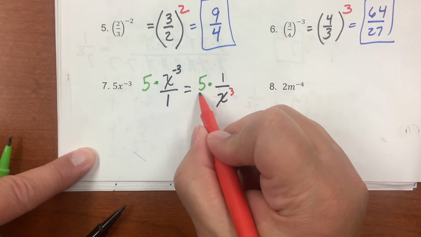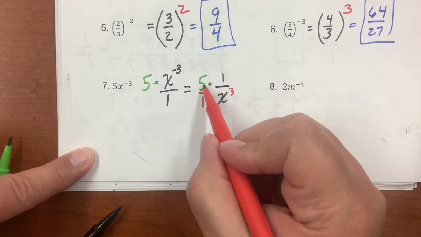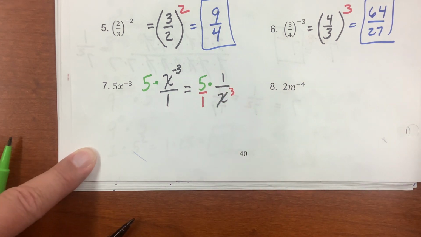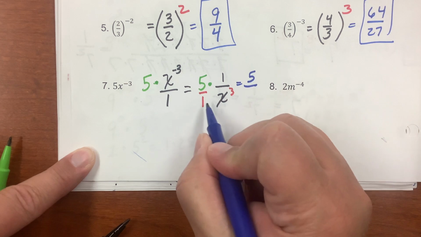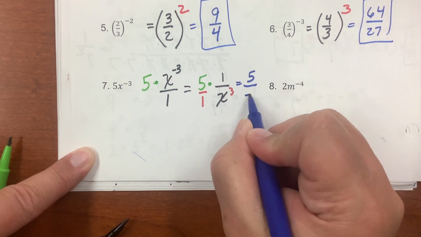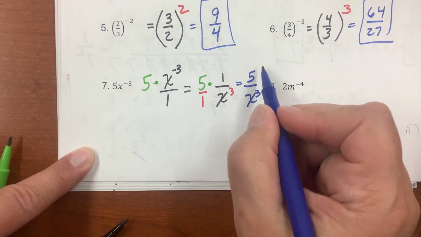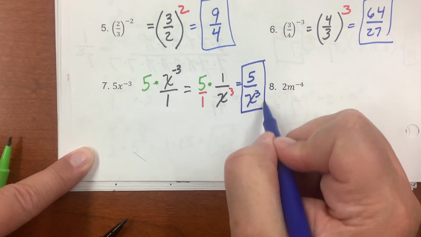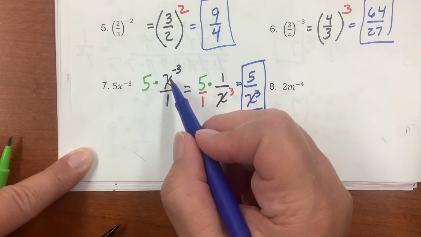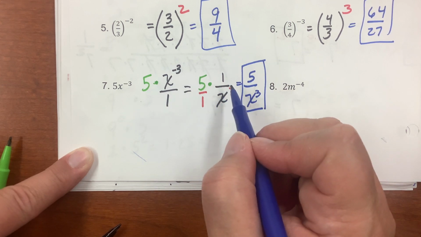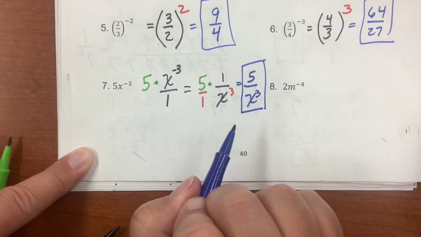Well, if I put this over 1, 5 times 1 is 5 over 1 times x to the 3rd, x to the 3rd. That's interesting. So only the part with the negative exponent gets reciprocated, and 5 over x to the 3rd.